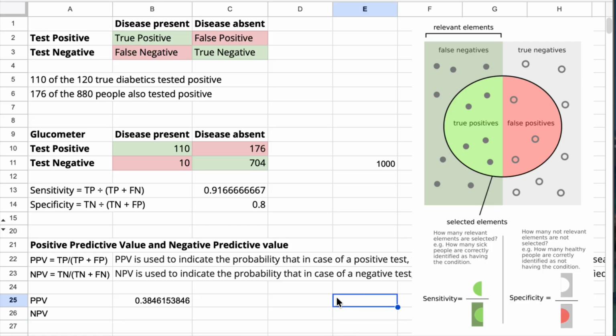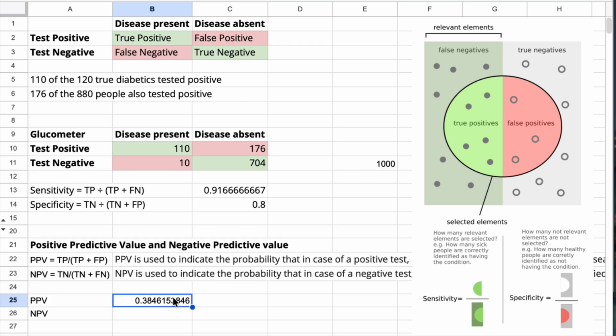And as we might expect, it's actually quite low, because if you look at this, we have a total of 286 people who tested positive, but only 110 were later found to actually have the disease. We had more false positives than real positives.